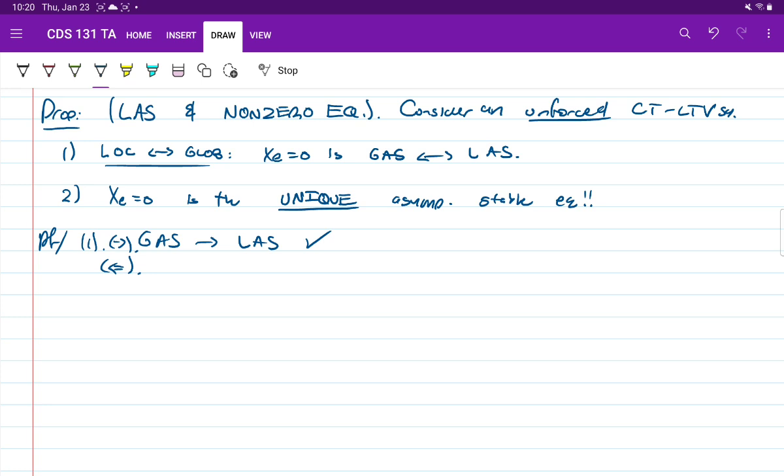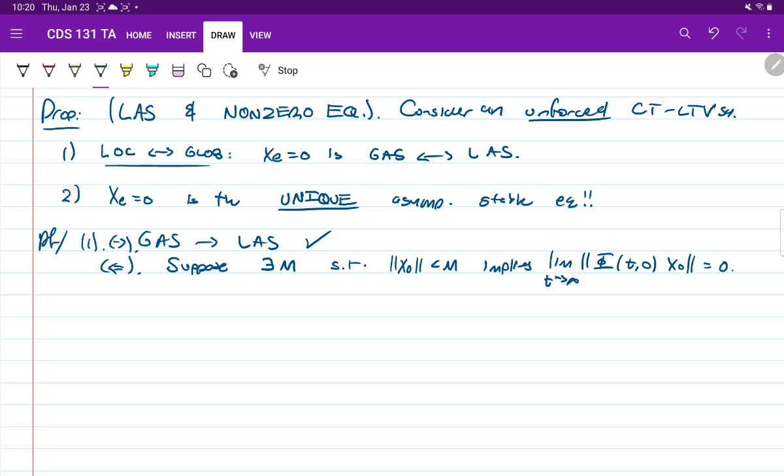If we have local asymptotic stability, there exists some constant m such that norm x naught less than m implies that the limit as t goes to infinity of phi of t comma 0 x naught equals 0.